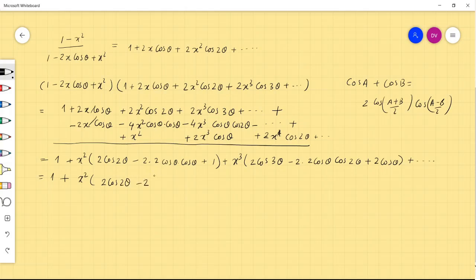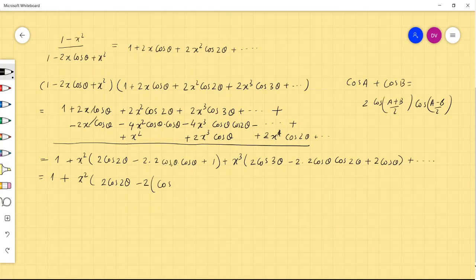When you apply the formula here, A will be the sum of these two angles and B will be the difference of these two.